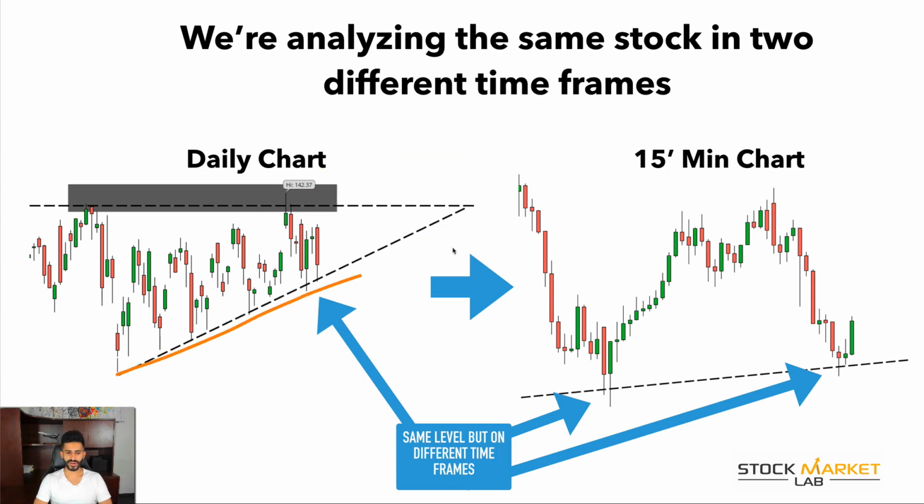So when we take the same trend line to a 15-minute chart, we can see the wick right there showcasing buying pressure, the wick right there showcasing buying pressure, a strong green candle showcasing buyers are stepping in, they're getting aggressive. So this allows us to now take an entry right here. It allows us to be very precise on getting in and out of certain trades by looking at multiple time frames of the same stock.